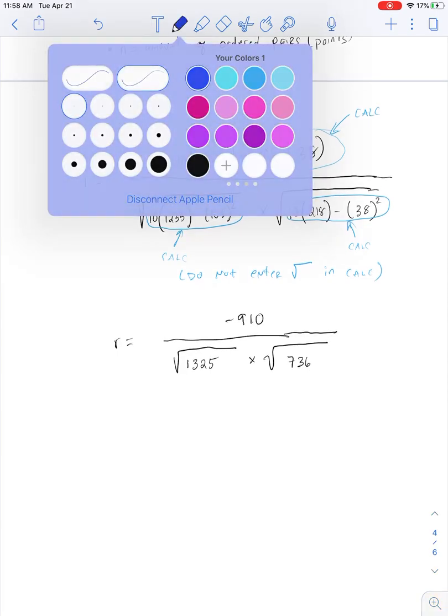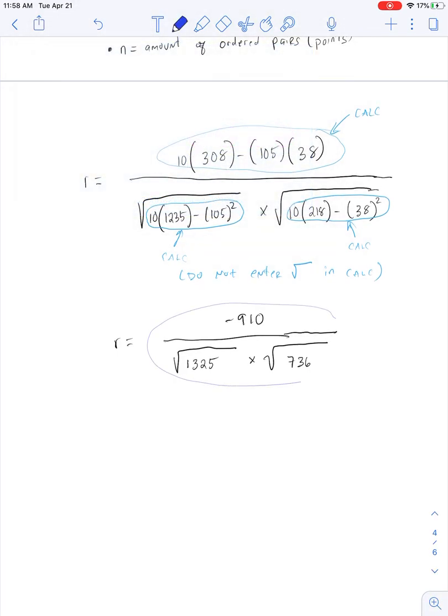Okay, now from there, what you can do is put the entire thing in your calculator. All right, and be very careful because you're going to notice that these have parentheses. And also, you do not want the square root symbols inside of each other. I've seen people in the past do square root, open parentheses, 1325, close parentheses, and then still have the square root, open parentheses, 736.